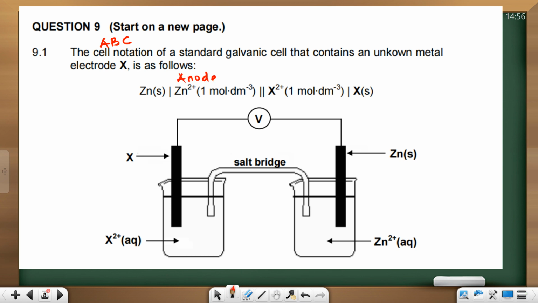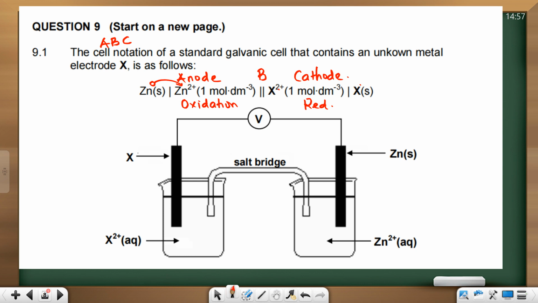This is the anode, that is the salt bridge, and that is the cathode. What happens at the cathode? Oxidation. And what happens at the anode? Reduction. And you would see it is oxidation. There's a 0 here. 0 to positive 2, increase. Positive 2 to 0, decrease. That's the first thing I can actually pick from here. Okay?